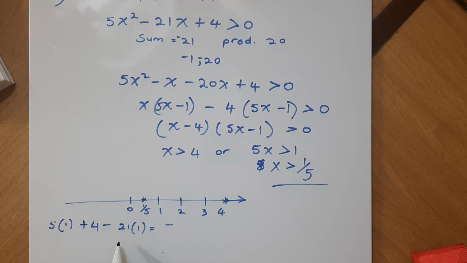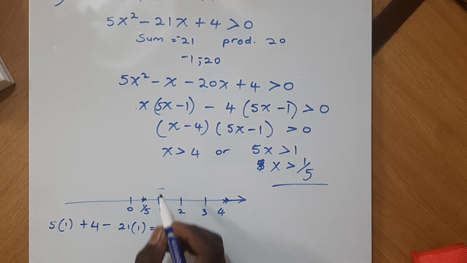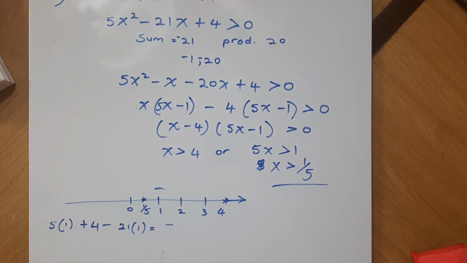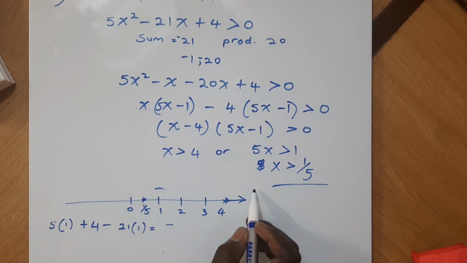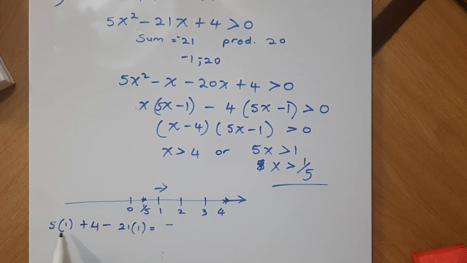So that means here, going this side, it's minus. Okay? And let's look at values after, let's try 3 and see. 5 times 3 is 15 plus 4, that's 19, minus 21 times 3, still a negative number.